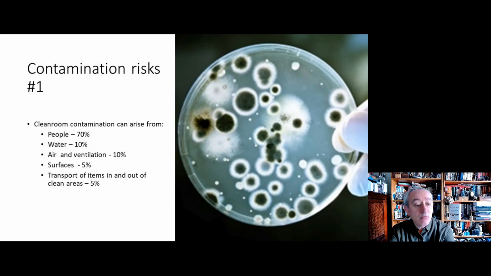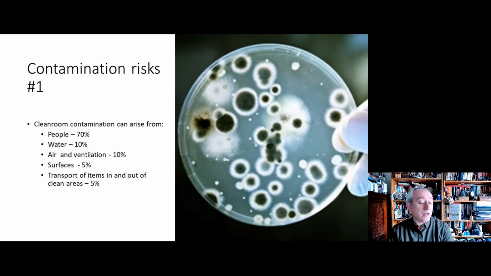We have what might be residing on surfaces, and here we need to be careful that if we've put our gloved hand on one contaminated surface and moved somewhere else, then we could be transferring contamination from one place to another. It's also important to consider that when we've disinfected a surface, there is a little bit of residual activity, but effectively that surface can become recontaminated after it's been disinfected if the wrong thing goes onto it.